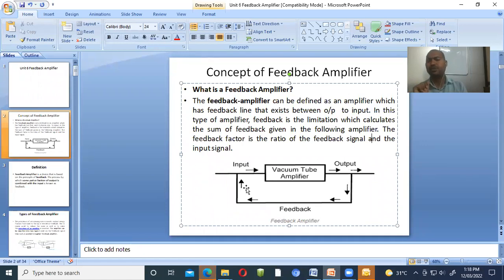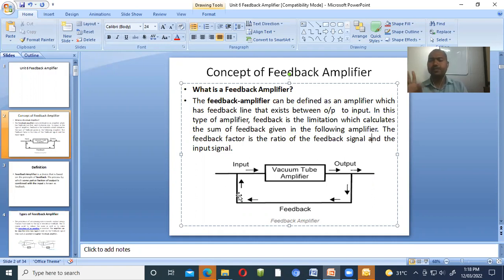Then we have to discuss another term, that is negative feedback. What does negative feedback indicate? If we apply a sine wave as the input and we get a cos wave, and that cos wave is again applied to the input, the phase shift between input and output is 180 degrees. When the output is applied back to the input with a phase shift of 180 degrees, that type of feedback is called negative feedback.